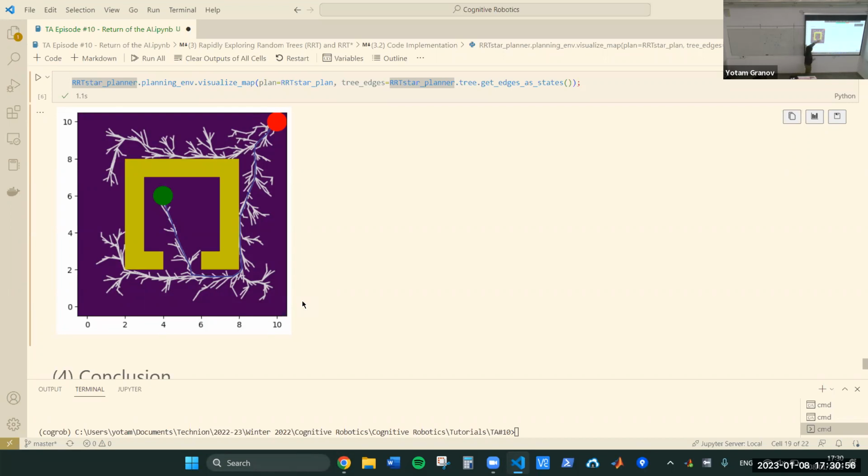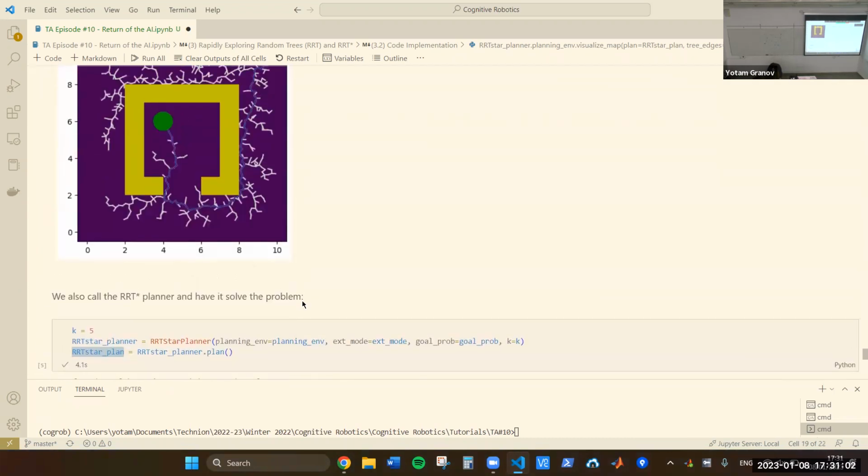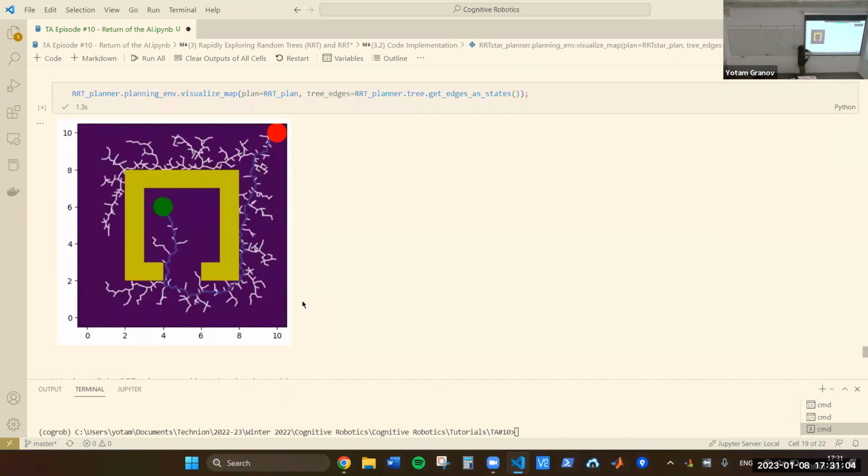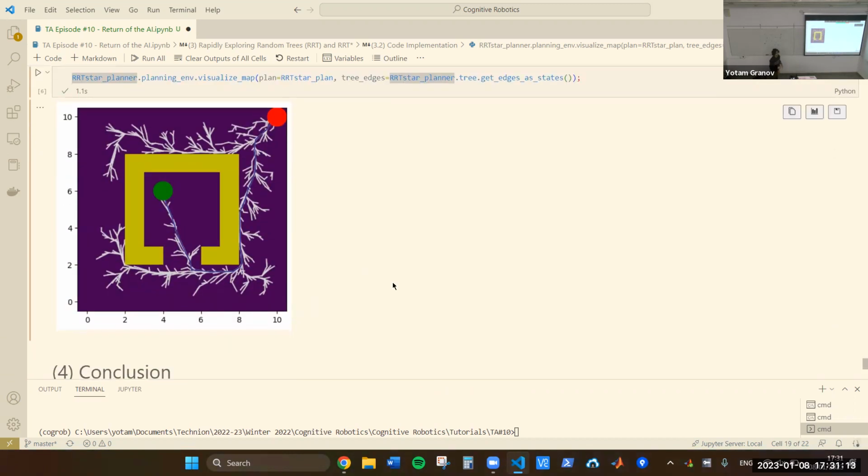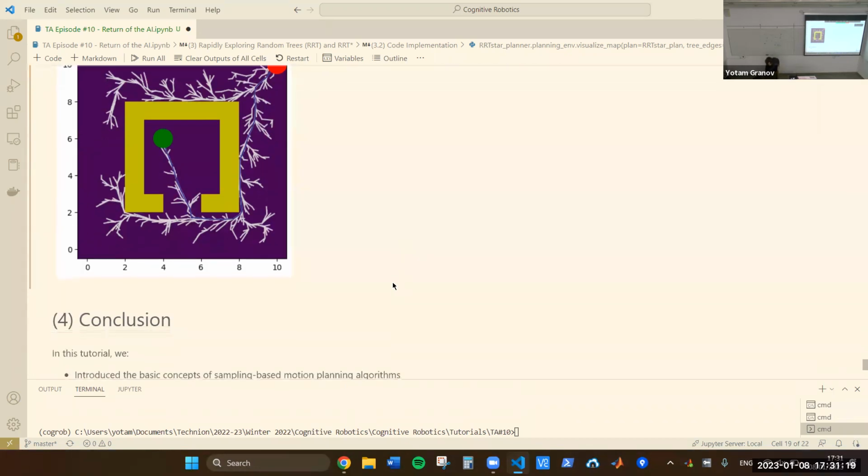I've now found a much more cost-effective path from the red to the green. Compared to here, where I go all the way to this edge, just because I'm not considering other nearest neighbors that might be more cost efficient. You can see it looks more like a Christmas tree than a bush, like the other one.